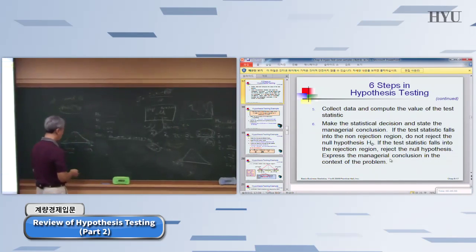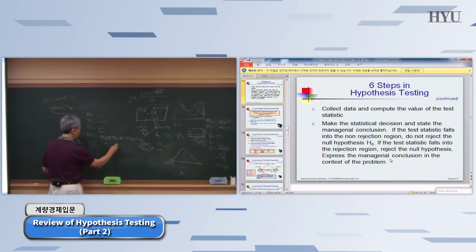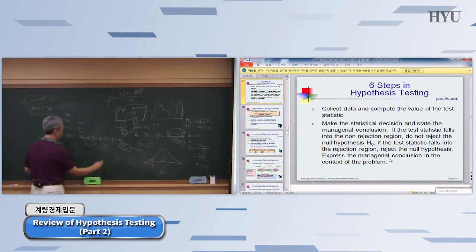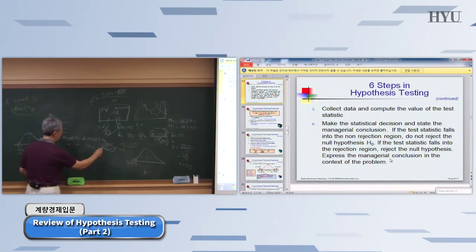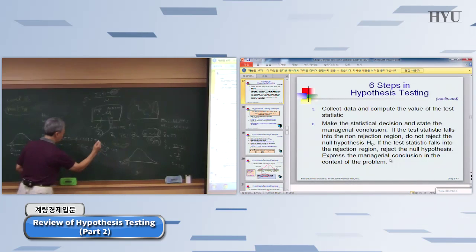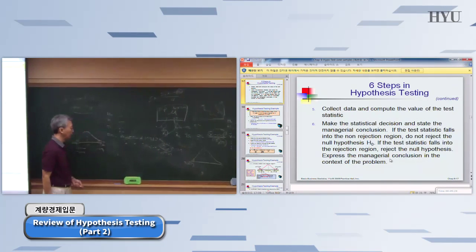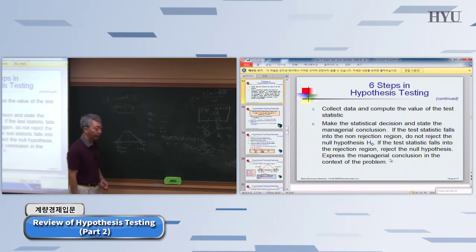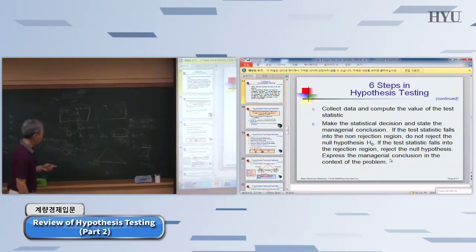So you can say reject the null hypothesis if the test statistic is less than t of 0.05 with degrees of freedom 15, which is negative 1.27, right?